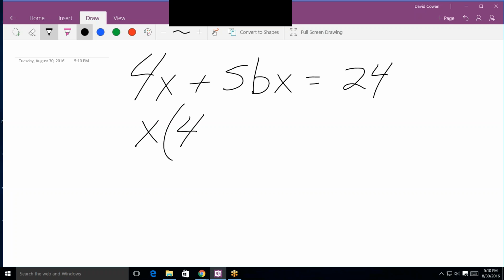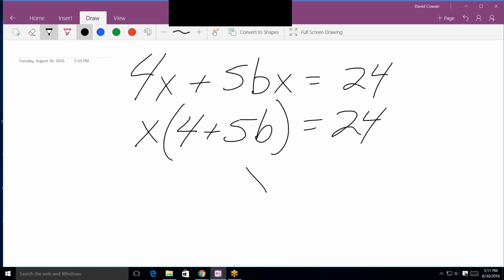We're going to factor out an x. Now what's x? X equals 24 divided by 4 plus 5b. There you go.